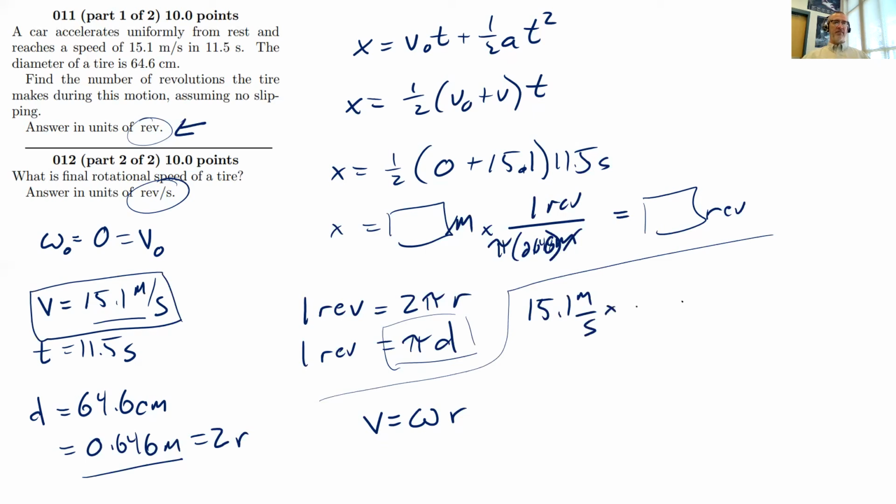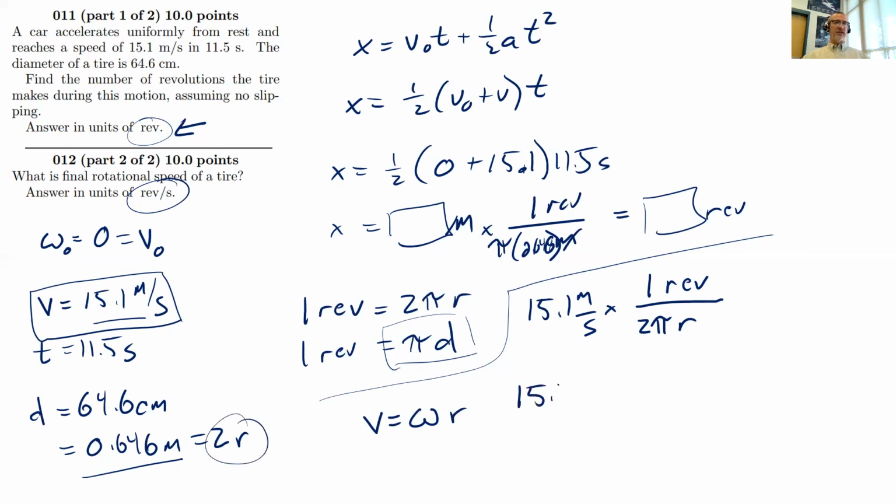I know that 2 pi times the radius is going to be one revolution. And so in this case, the radius will be in meters, and that'll give me number of revolutions. So it's 15.1 meters per second, and this is revolutions, and that is my 2 pi times the radius. But remember, 2 times the radius is 0.646.